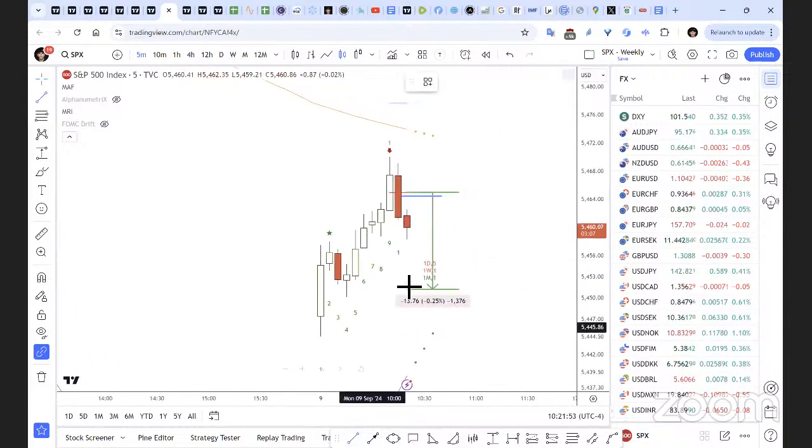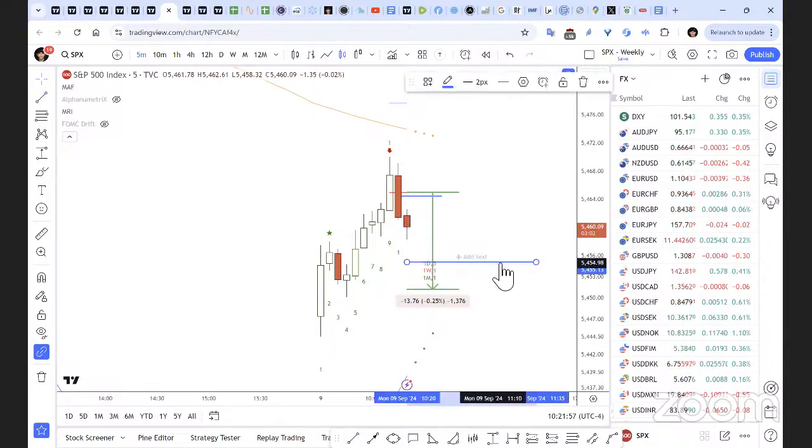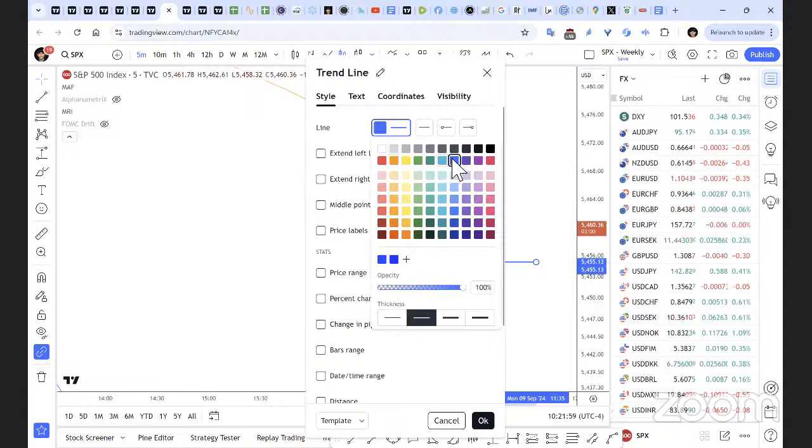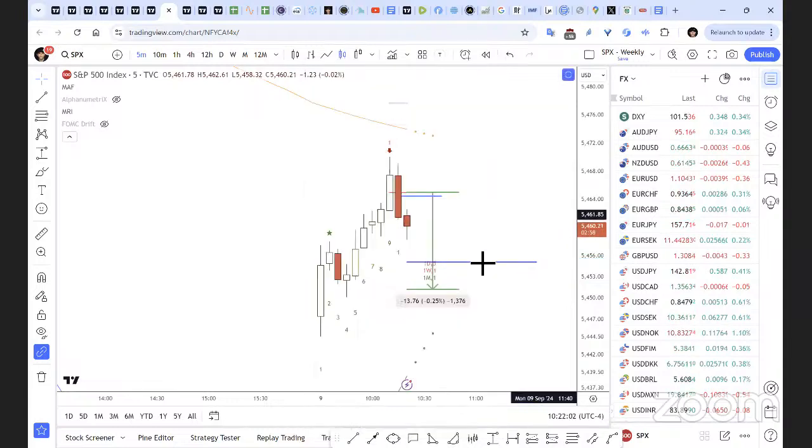Now I have a purple line that represents my take profit on half my trade. This line gets very rarely hit because I'm shooting for the moon here, or in this case, the floor.